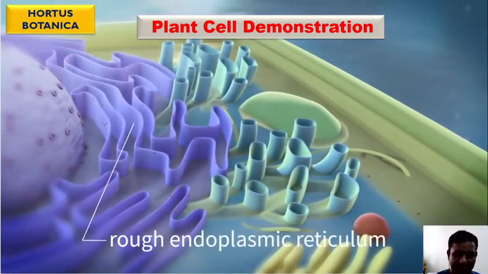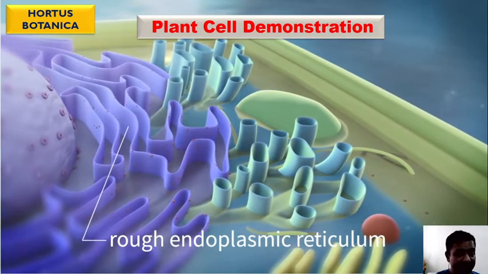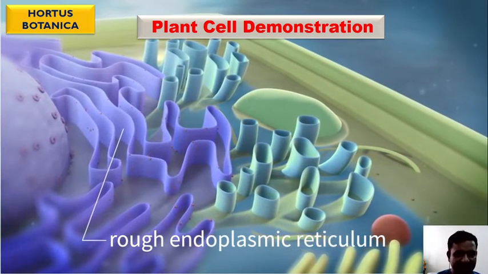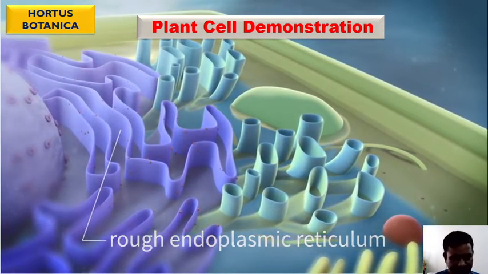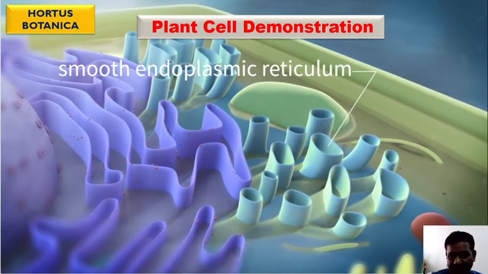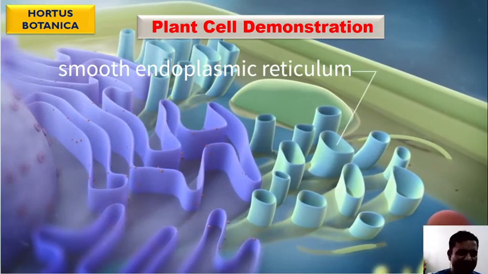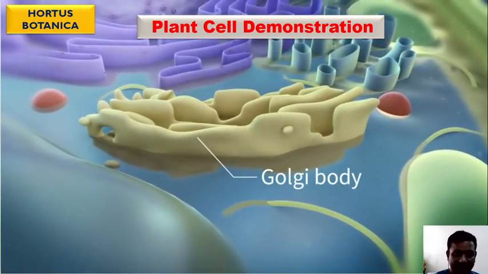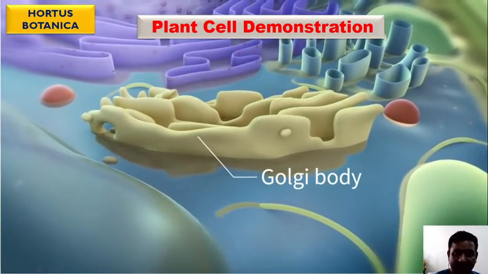In the cytoplasm we have the endomembrane system, and the first member of that is the endoplasmic reticulum. We have smooth and rough endoplasmic reticulum. When ribosomes are present, it is rough.